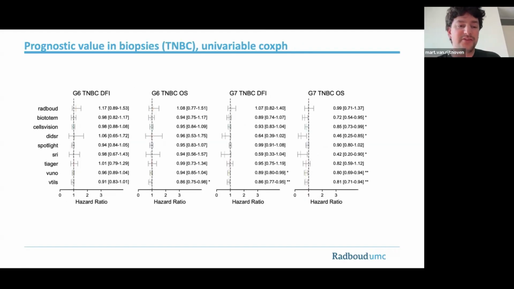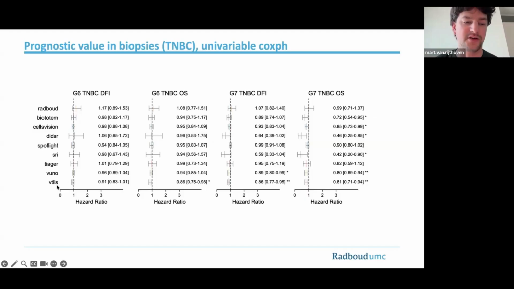Then for biopsies, well, we had a lot of data sets for biopsies. But here we don't really see a consistent result for TNBC. Oh yeah, wait, before I forget, for the biopsies we actually also have visual TILs.